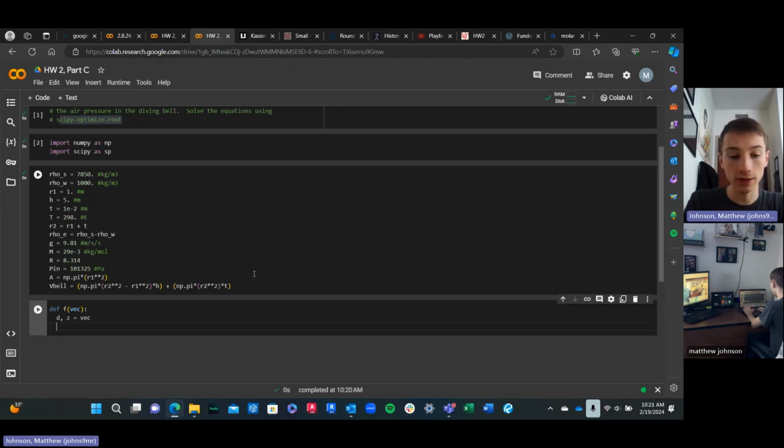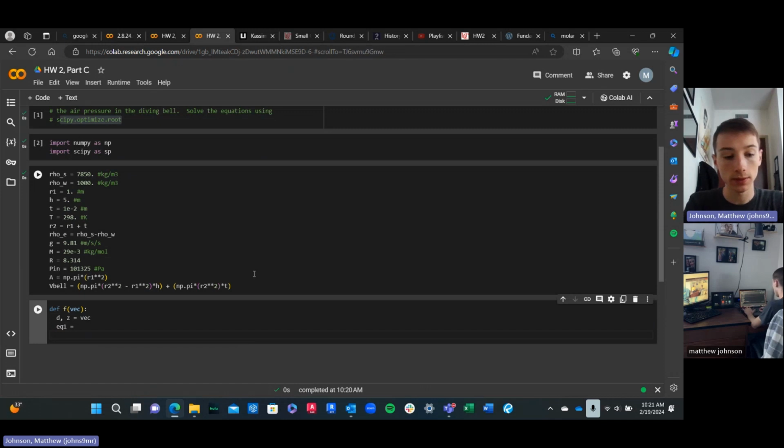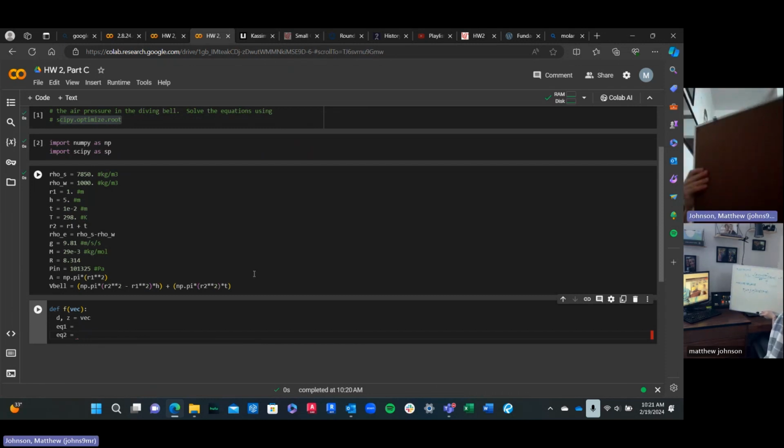So what do we have? We have two equations we came up with, equation 1 and equation 2. I guess it's hard for you to see, so I rewrote our equations right here on the board. This was our force balance equation, and this was our pressure balance equation.